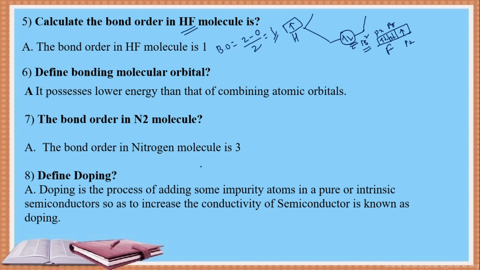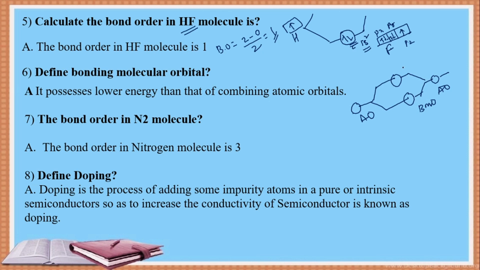Define the bonding molecular orbital. So what is a bonding molecular orbital? It possesses lower energy than that of the combining atomic orbitals, right? When atomic orbitals overlap or combine, generally we get two types of molecular orbital.